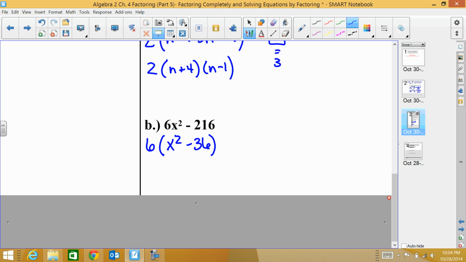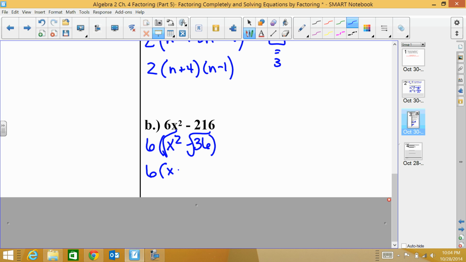So I'm going to do the shortcut and just square root these. So I would get x plus 6 and x minus 6 because I want to have a positive and a negative. That way the middle part, the positive 6x and the negative 6x, will cancel out in the middle, so I just have this. And that would be factored completely because there's nothing else that I could simplify.